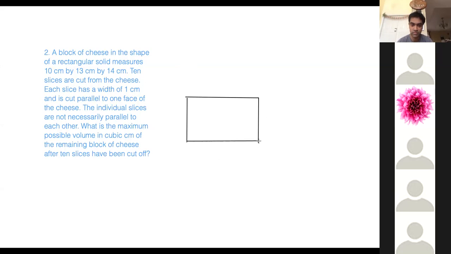First I cut off a piece from each side of the cuboid, the block of cheese, and every time I cut a piece off, it reduced the length, width, or height by 1 centimeter. Good.